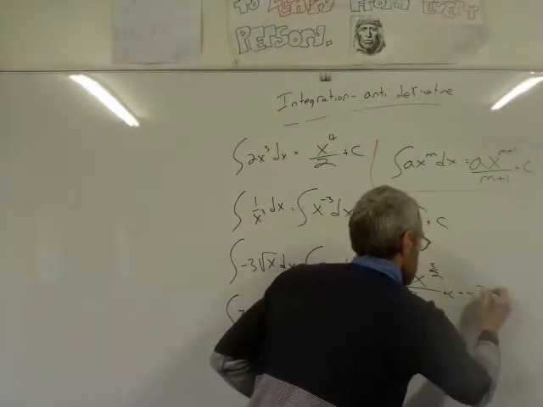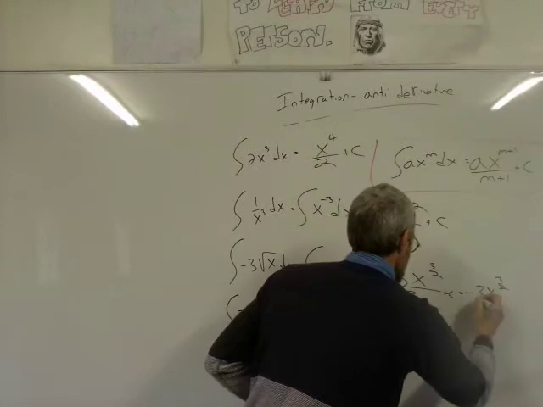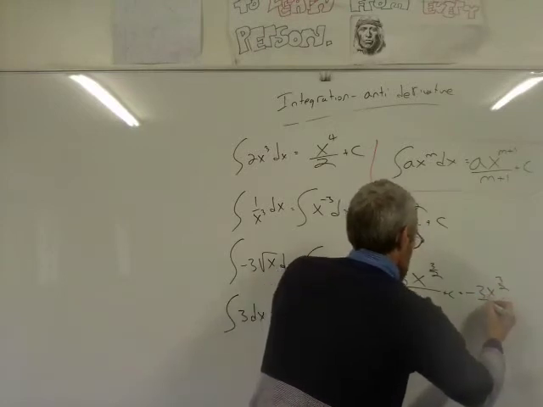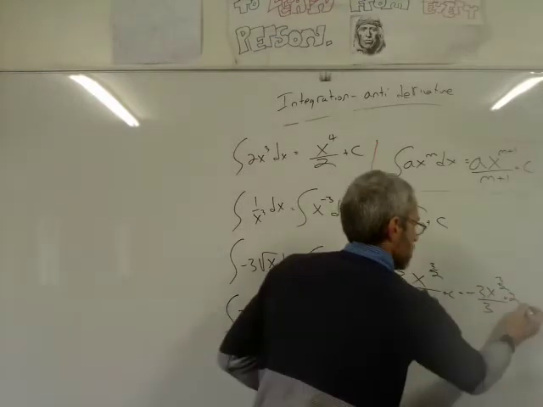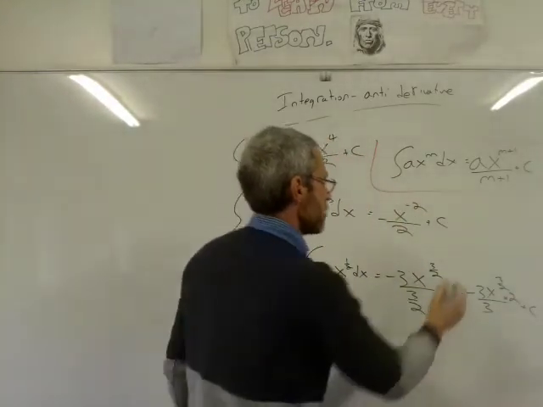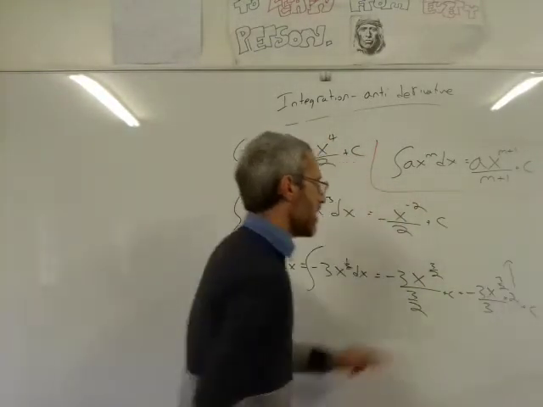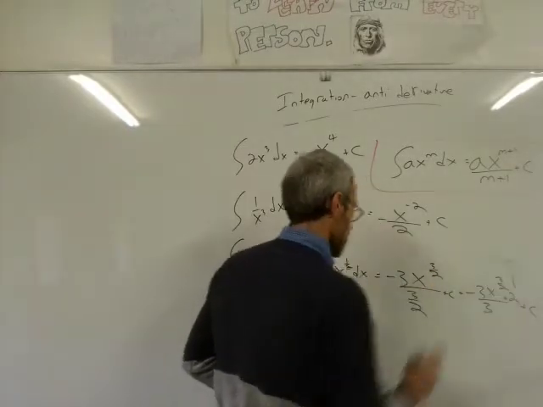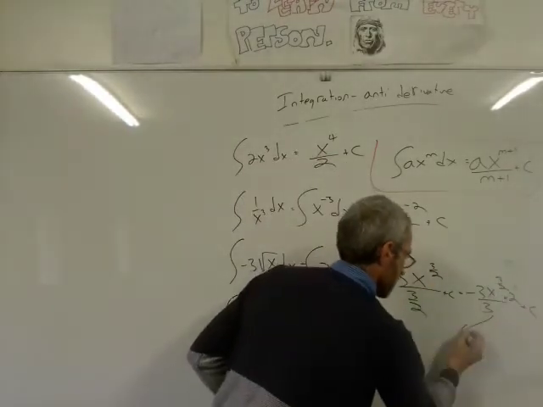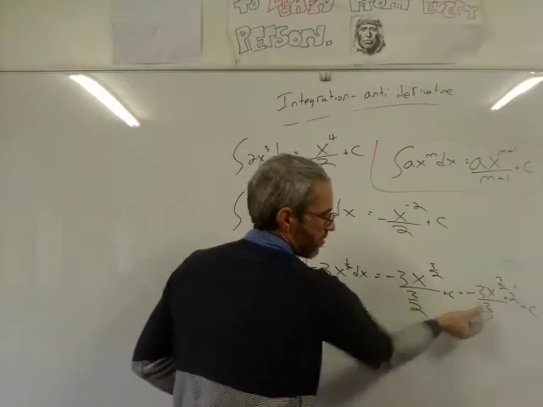So it'll be minus 3x to the power of 3 halves divided by 3 and times by 2 plus c. Okay? And we'll do one last little thing. We'll write it down here, running out of space here. Let's just write it down here. Okay? So 3 and 3 cancel out.